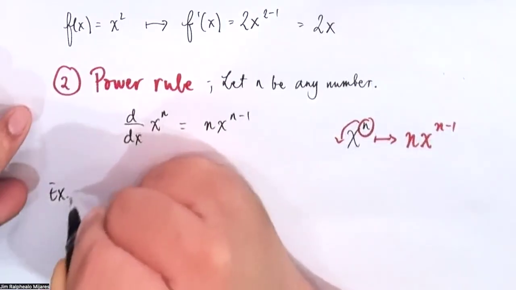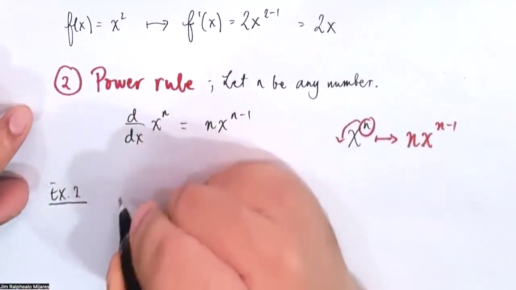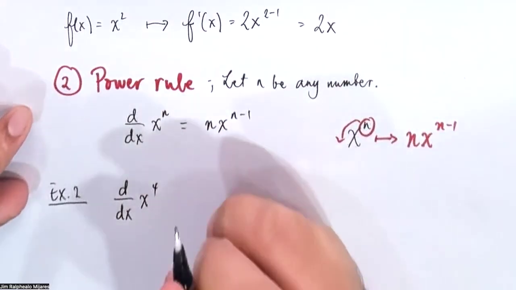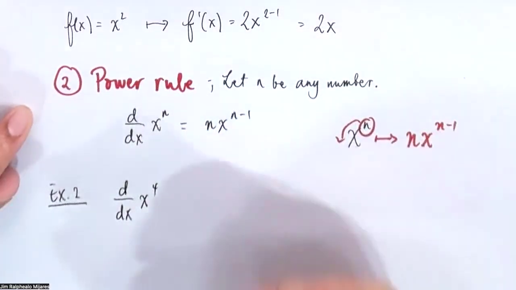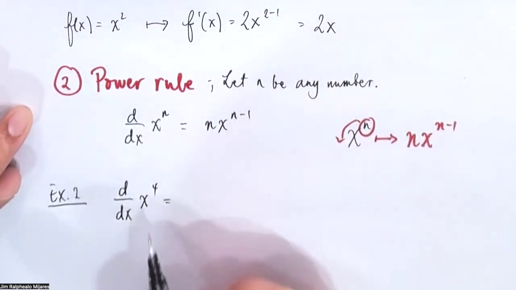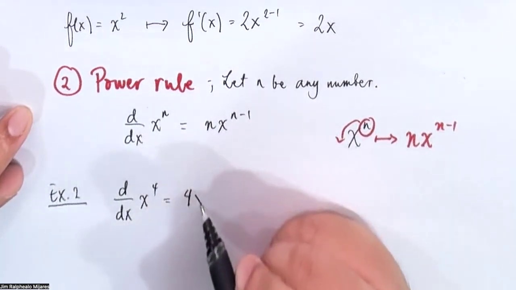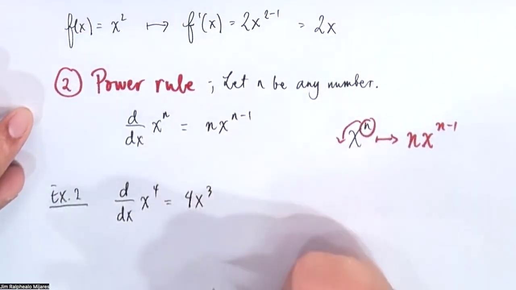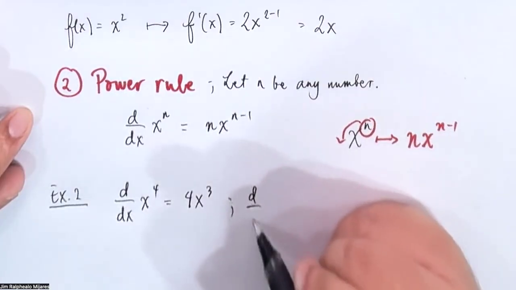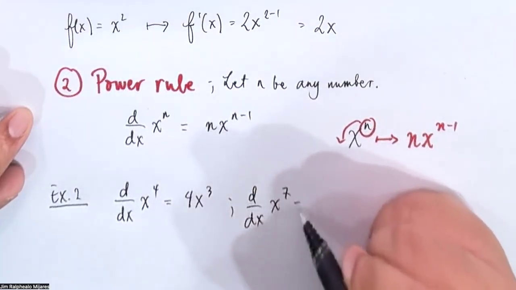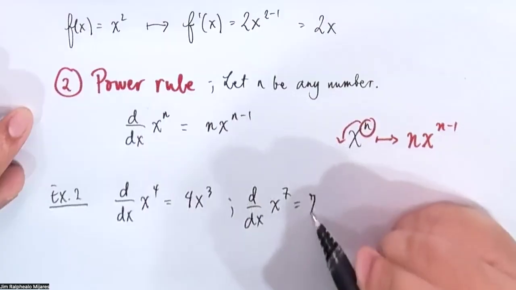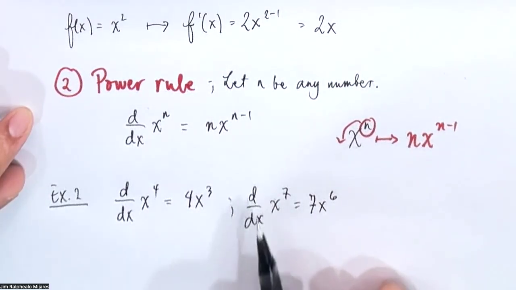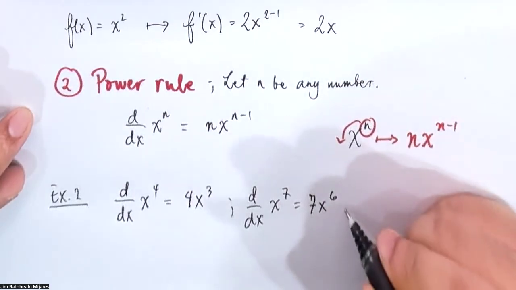So example 2. What is the derivative of x to the fourth? The answer is, of course, we put this 4 to the front, then we subtract 1 from the exponent, 3. What's the derivative of x to the seventh? It's 7x to the 6. Okay? We put in front, we subtract 1.